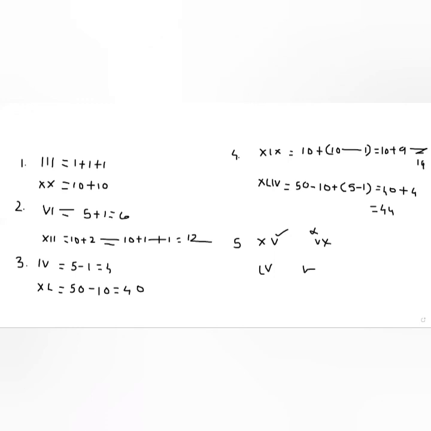Okay. Understand the 5 rules. The last rule: VL we cannot write, LV we can write. L is 50 and 5 is smaller. So L and D are not written to the left of the bigger number.